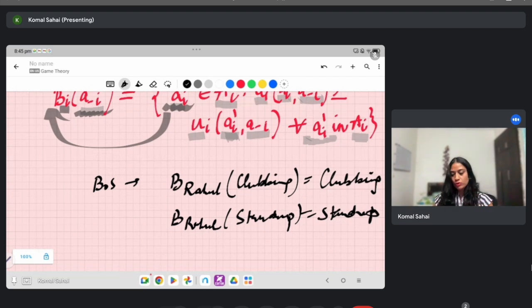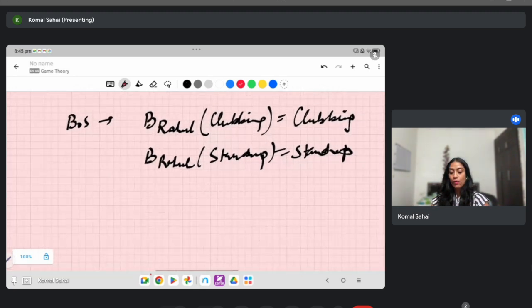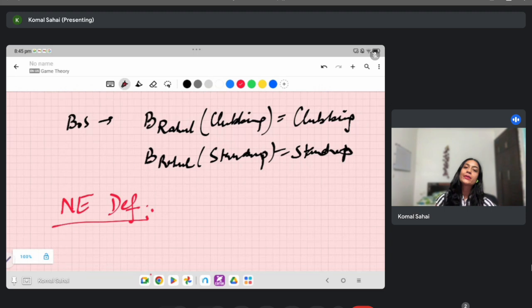ठीक है? So using this, we can give an alternative definition of Nash equilibrium. Right? So Nash equilibrium क्या है essentially? जहाँ पे हर कोई प्लेयर डिविएट नहीं करना चाहता है ना? कोई प्लेयर डिविएट कब नहीं करेगा? जब दूसरे प्लेयर का जो भी एक्शन है, उसके बेसिस पे, given that if player I is choosing the best response, then player I will not deviate.